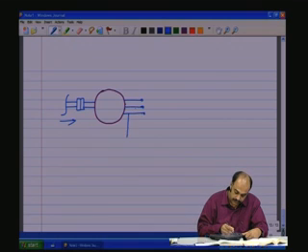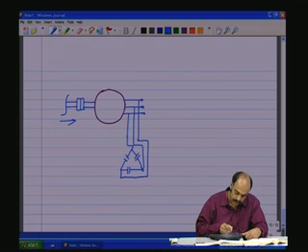Let us have the delta connected capacitance bank as shown here, which will supply the reactive energy to maintain the field, and let this go to a three phase load as shown.